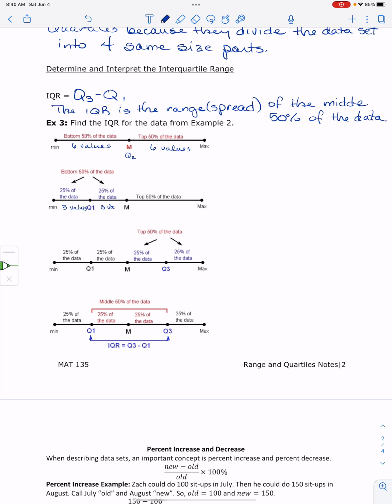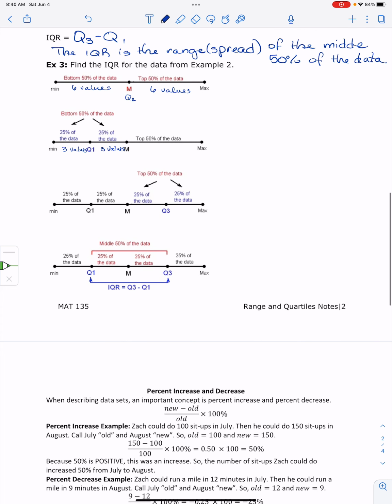So we now have 3 values below, 3 values above. And then when we divide the top half as well, we end up with 3 values in each quarter.